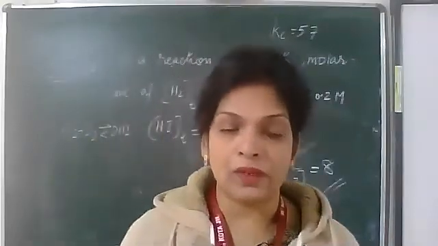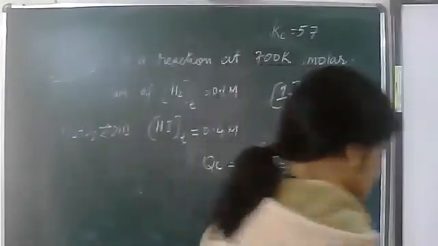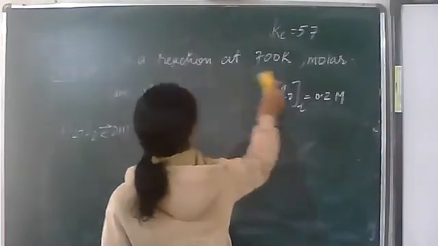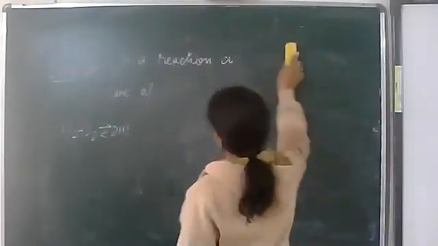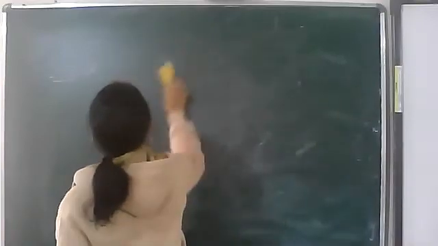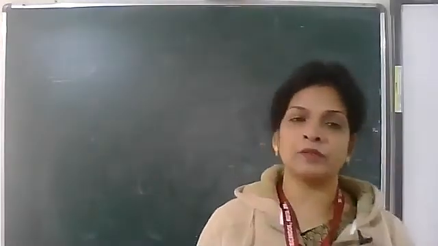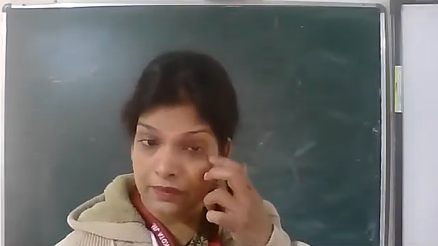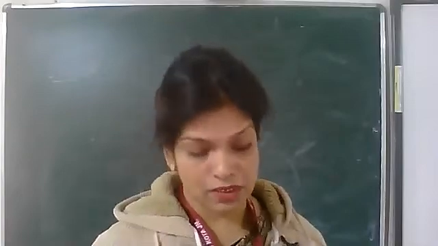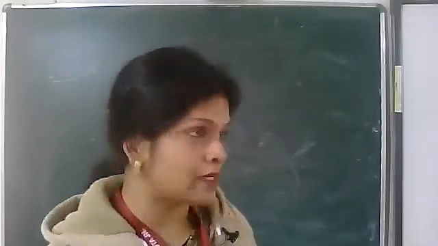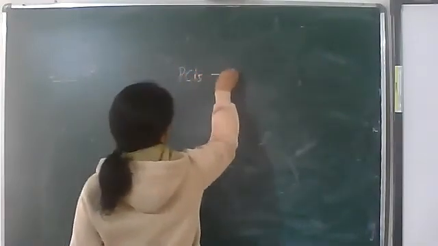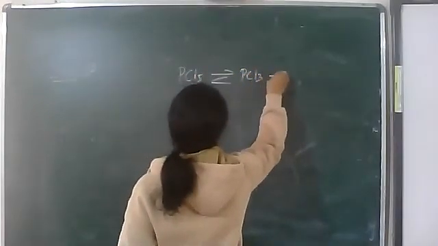Now, the third application is calculating the equilibrium concentration. In the previous class we did one numerical and calculated the equilibrium concentration. For example, take a decomposition reaction: PCl5 gives PCl3 and Cl2.